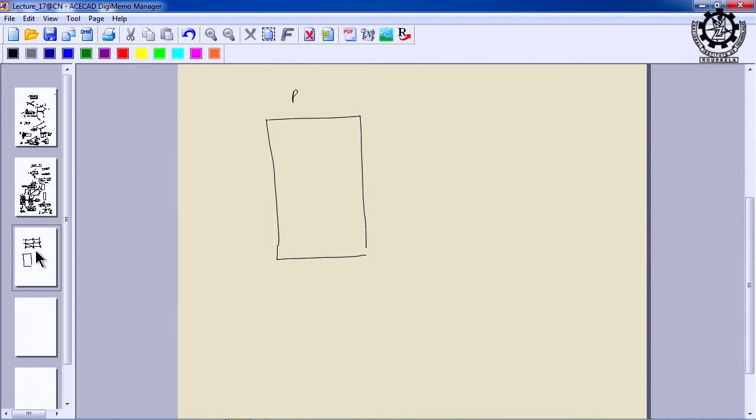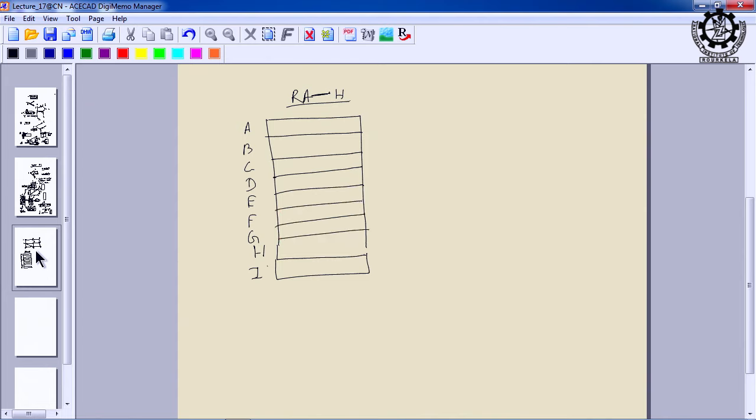So, this is the routing table for H: A, B, C, D, E, F, G, H, I. This is the current value of H, forget the preferred paths, we are not considering that now for this example, right.